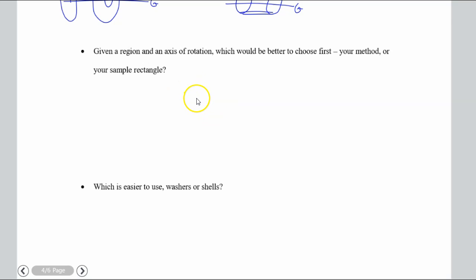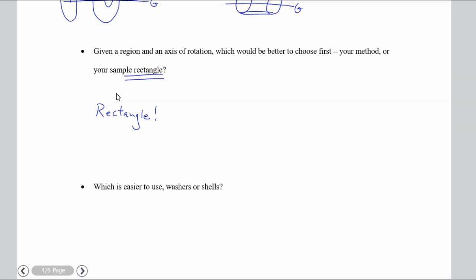Like with the blue one, we could do it, but there's other regions that aren't that easy to solve for x in terms of y, or vice versa. So usually what's best is to pick your rectangle so that you don't have to rearrange things. So in this case, definitely the rectangle. Easiest to do first. Draw it so you don't have to rearrange a bunch of stuff if possible.